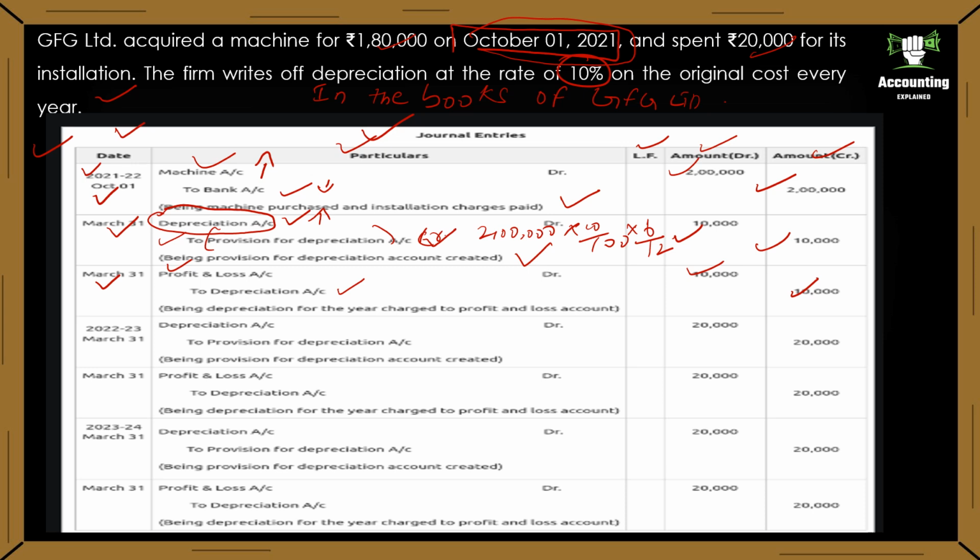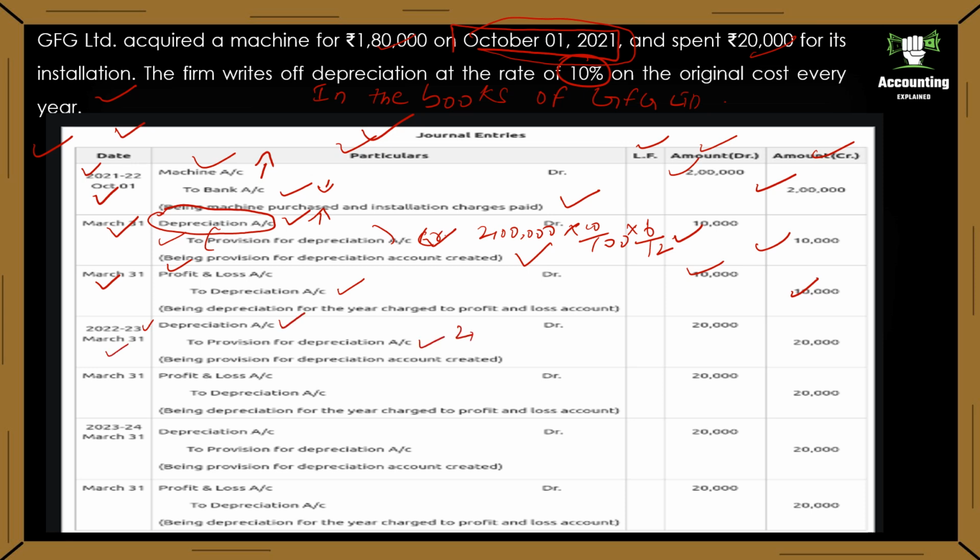From the next year onwards, we are going to pass only 2 entries. What are those entries? Creation of provision for depreciation, and transferring depreciation to P&L. So 22-23, March 31, depreciation account debit to provision for depreciation.